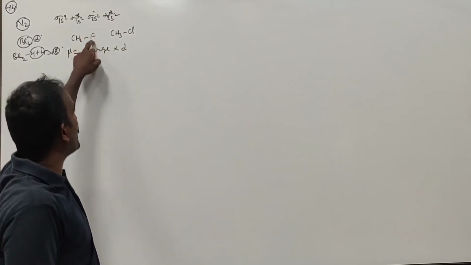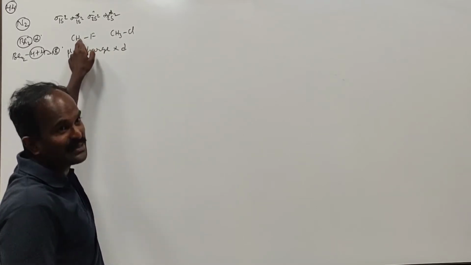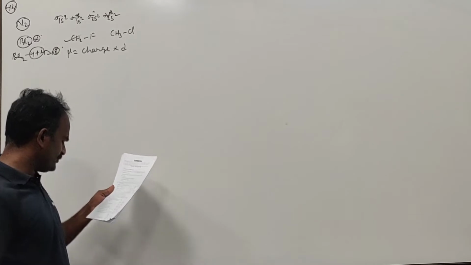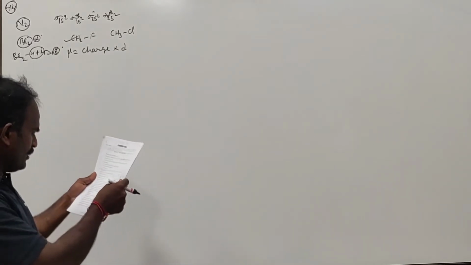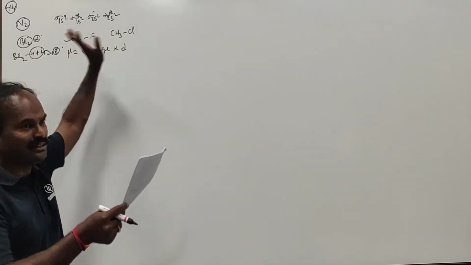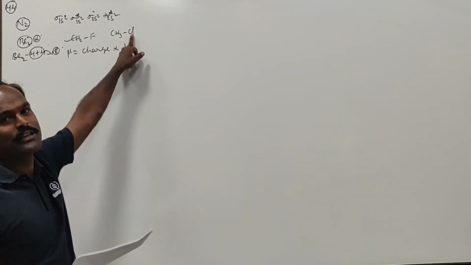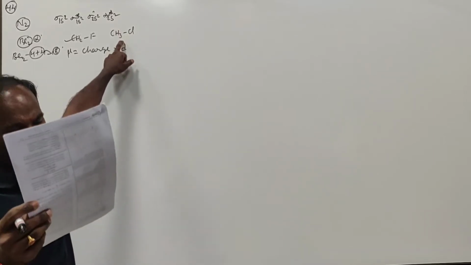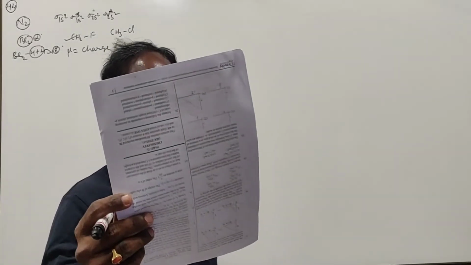Therefore the product of charge and distance is more for fluorine, so its dipole moment would be high? No, because the distance is going to be very high. Here distance dominates, therefore the dipole moment of CH3Cl is more. Hence, this is an incorrect option.